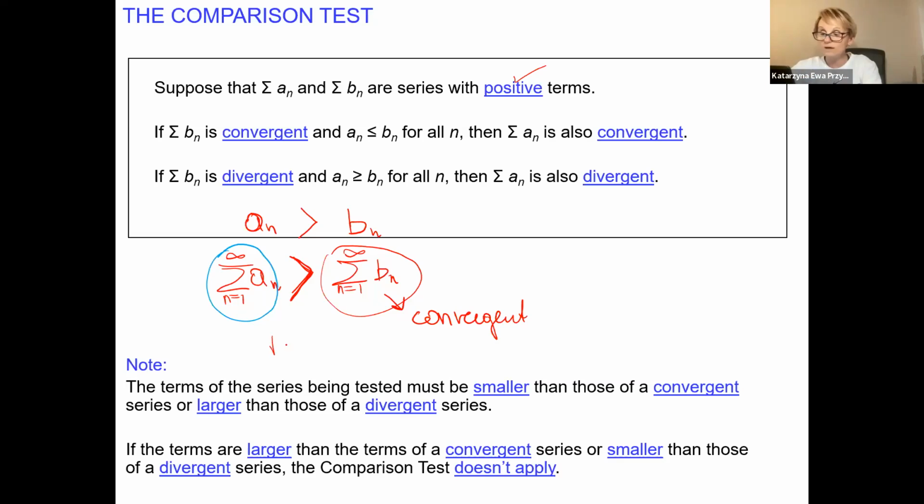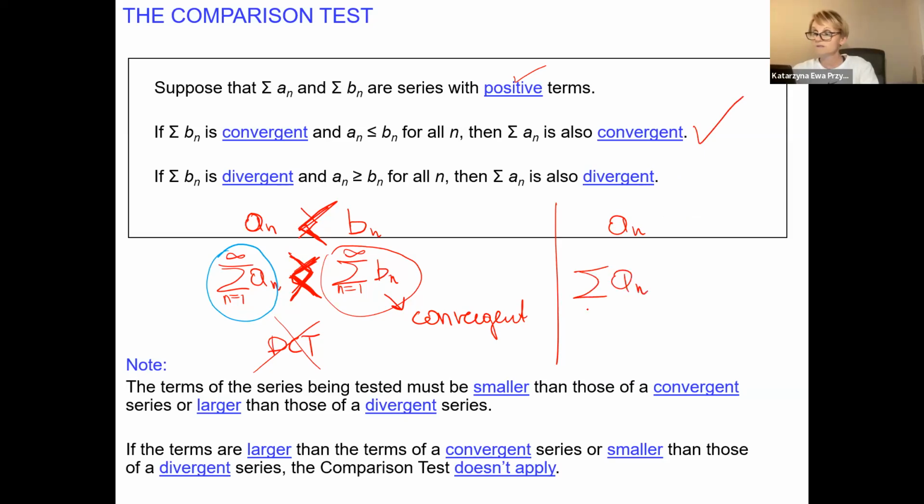We actually call this one the direct comparison test. That's when we cannot directly compare if it's this way, but if it's this way, we can compare it, no problem. Another version is we have an infinite series A sub n. We create a similar formula because we know that B sub n, similar to A sub n, is divergent.